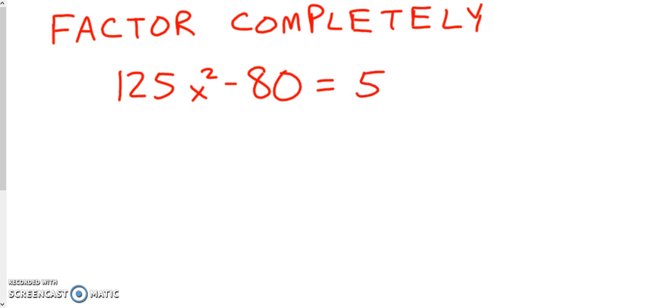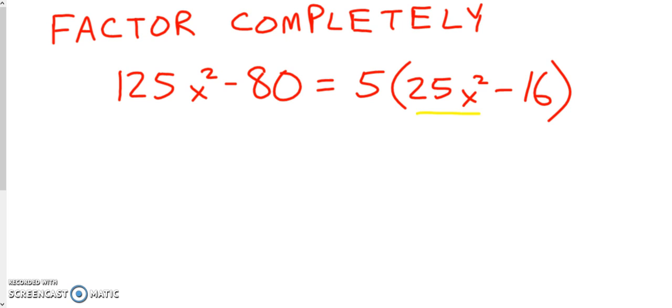So if I take out a 5, 5 goes into 125 25 times. So that's 25x squared minus 16 because 5 times 16 is 80. Well, if you look at this, that's a perfect square, that's a perfect square, and that right there is a minus.